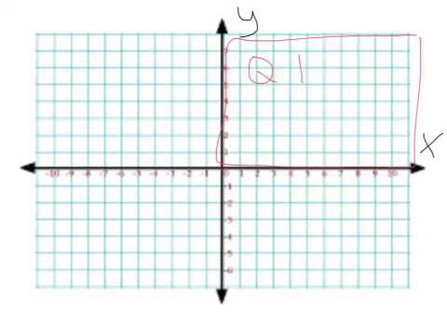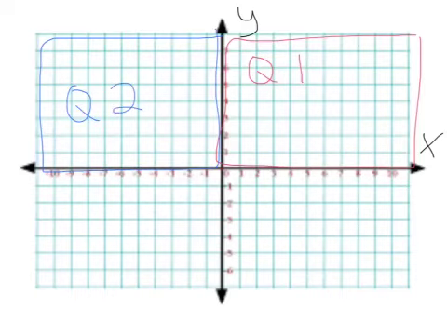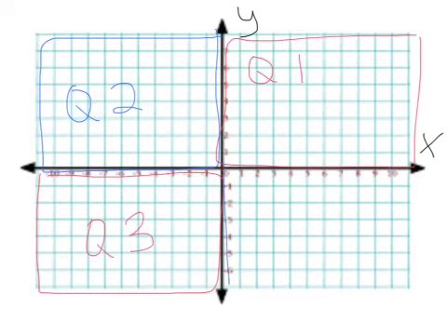Quadrant 1. Then you move around the coordinate plane going to the left. So this next block that's sectioned off is called quadrant 2. If you continue around, this would be quadrant 3 down here, and then lastly, this would be quadrant 4.